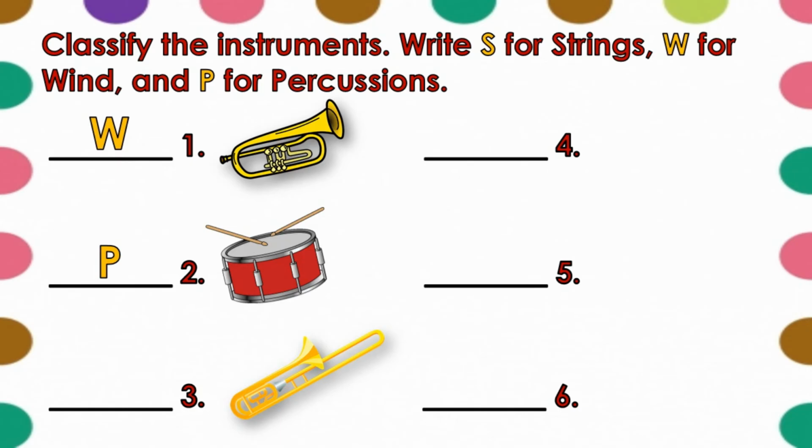Correct! Trombone is wind instrument, W. Number 4. Violin. Is it string, wind, or percussion? Correct. Violin is string instrument. S.